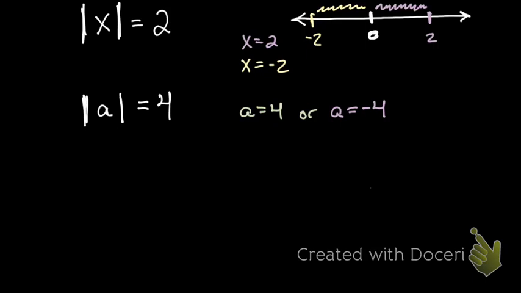So look, if I graph it, why could it be either one of those? Damien? Because either one is 4 away from 0. And that's really what absolute value means. 4 away from 0.